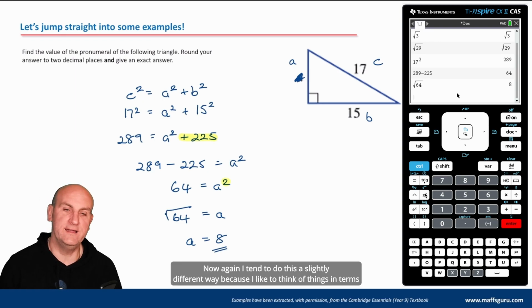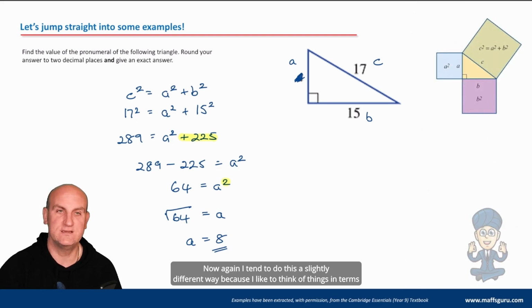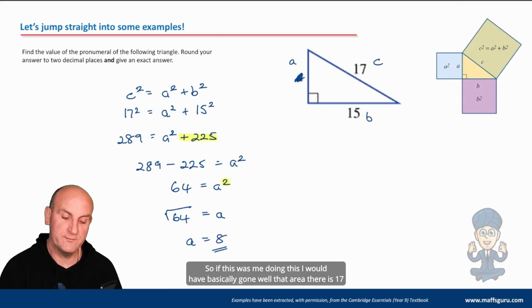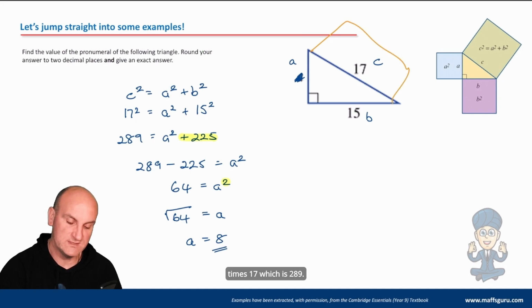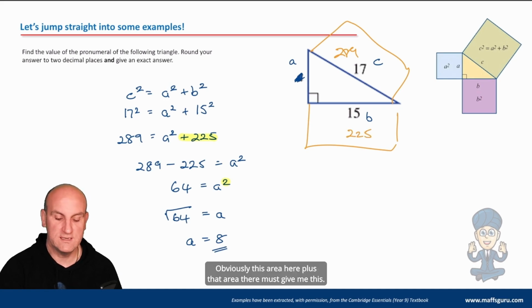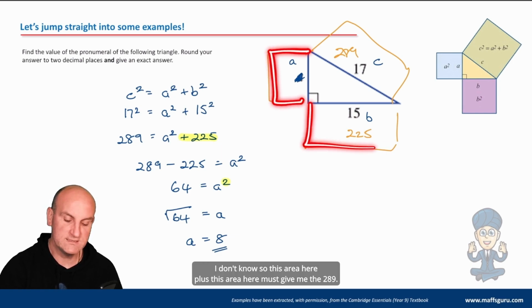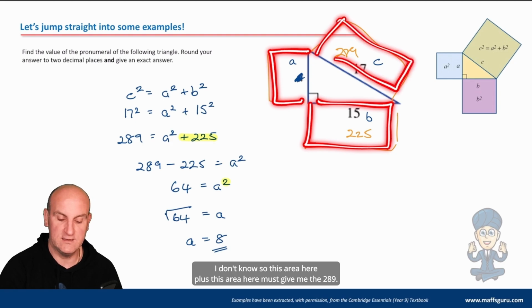Now again, I tend to do this a slightly different way because I like to think of things in terms of areas. So if this was me doing this, I would have gone, well, that area there is 17 times 17, which is 289. This area here is 225. This area here plus that area there must give me the 289.